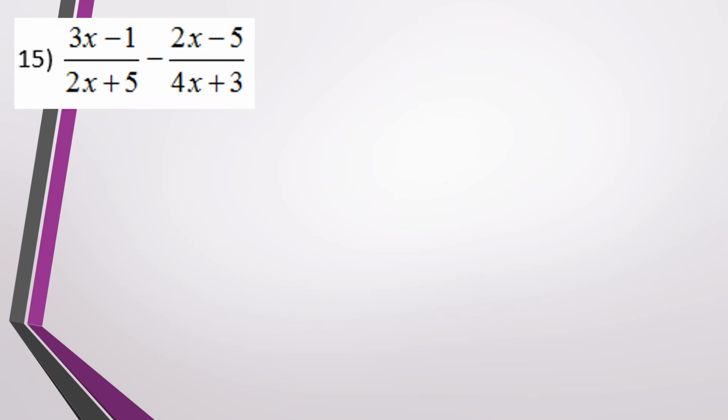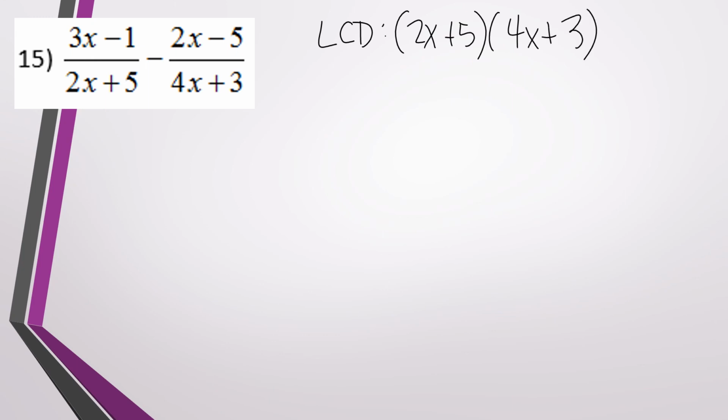Okay, then on to 15. So, between 2x plus 5 and 4x plus 3, they don't have a common factor or GCF or anything, so I'm just going to use both of those because I can't simplify it. I need both of those, so 2x plus 5 and 4x plus 3.